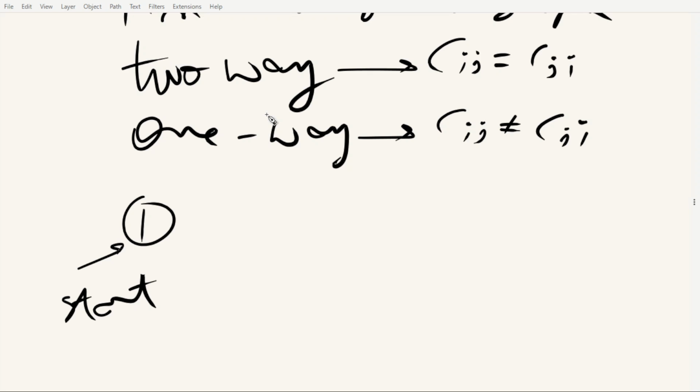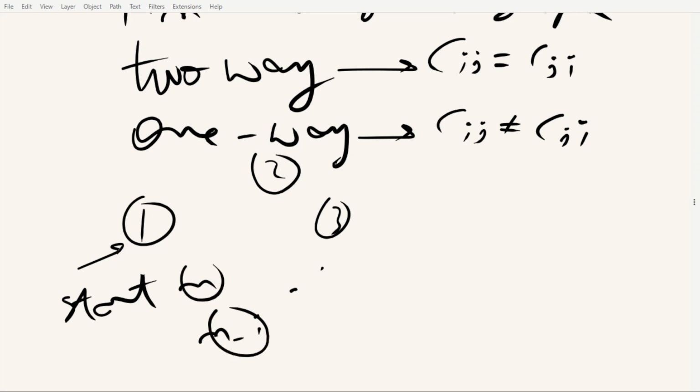Cities 2, 3 and so on up to n minus 1 and n. So visit them in some order, something like this, and finally come back to city 1.